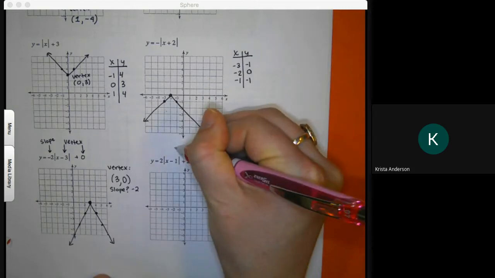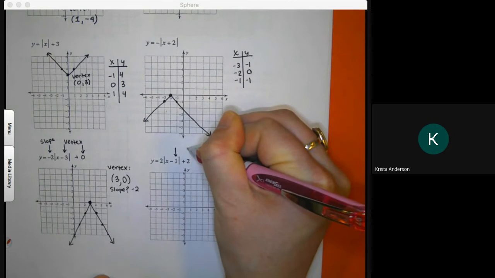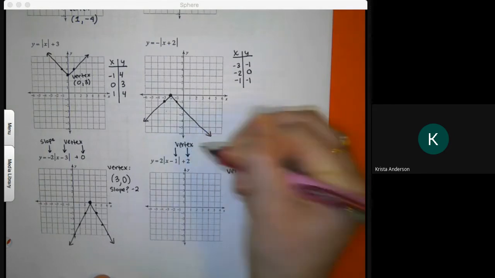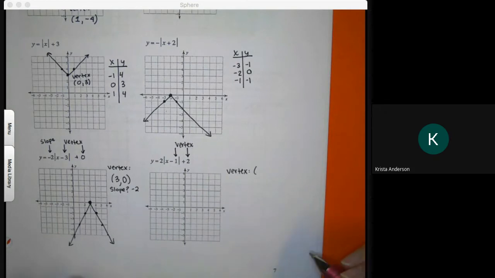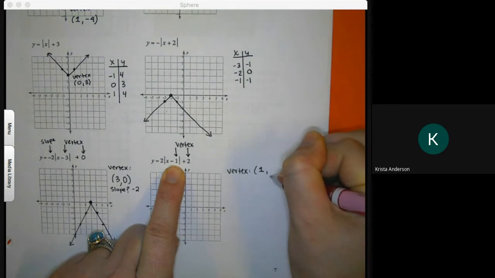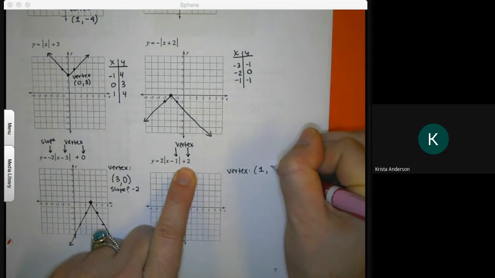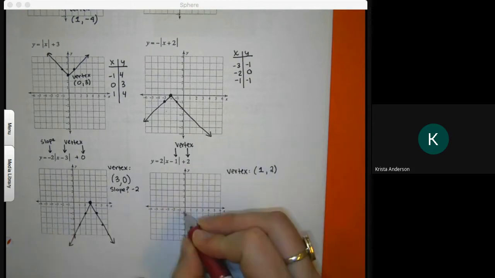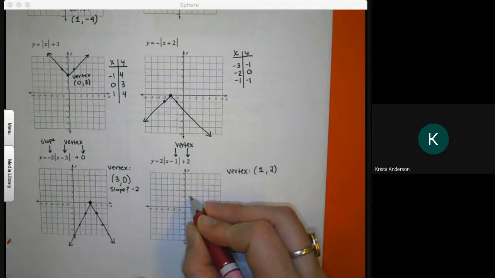If I take the vertex out, these are the 2 locations I'm looking for the vertex. Opposite of -1 is a +1. And the +2, I leave the sign alone. Over 1, up 2, click.